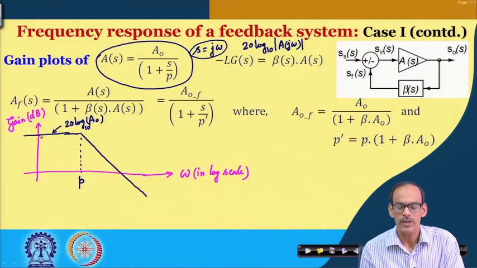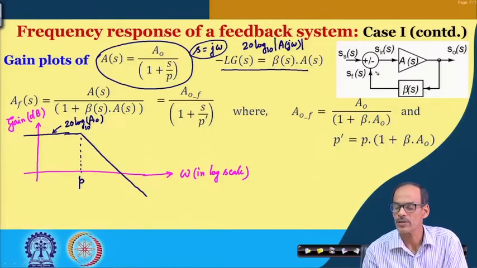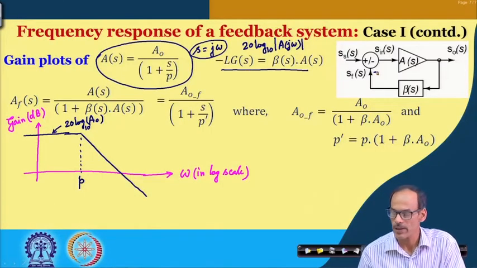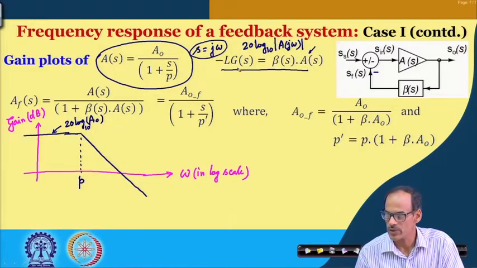Likewise, if you consider the loop gain or minus loop gain, assuming we do have a minus sign here, what we expect is that the pole of A is directly reflected in the loop gain.